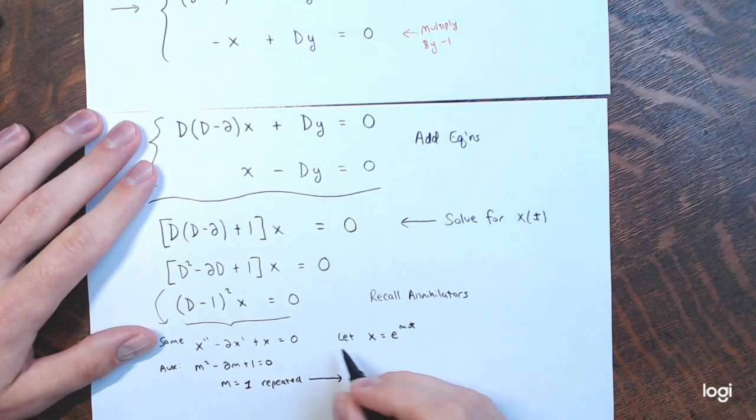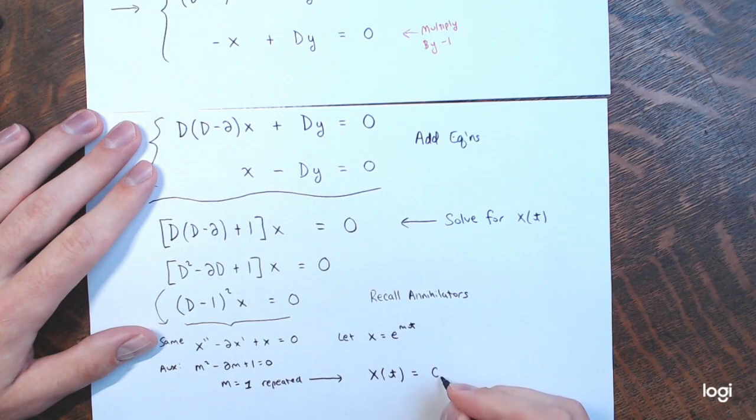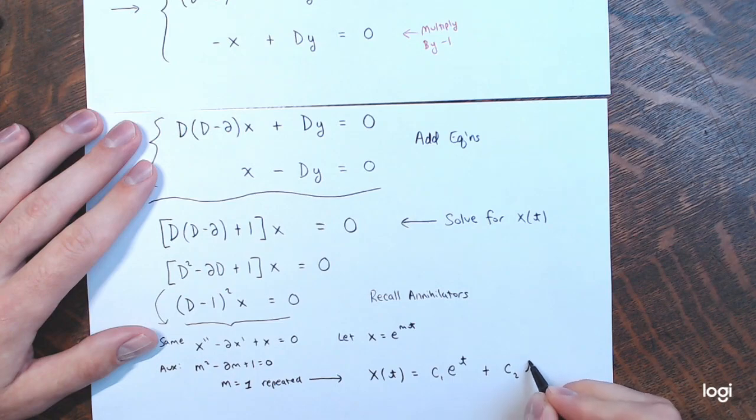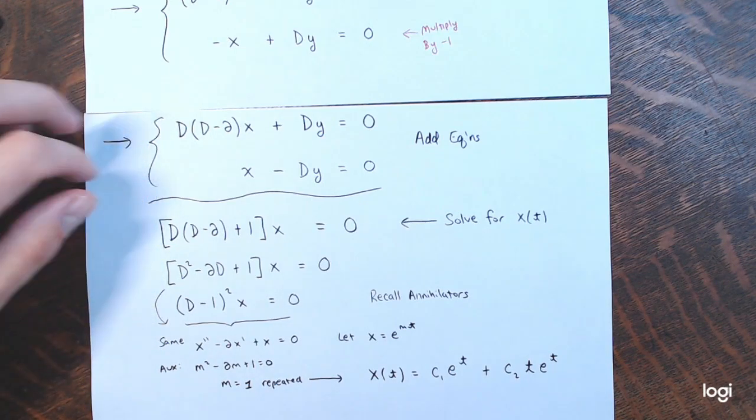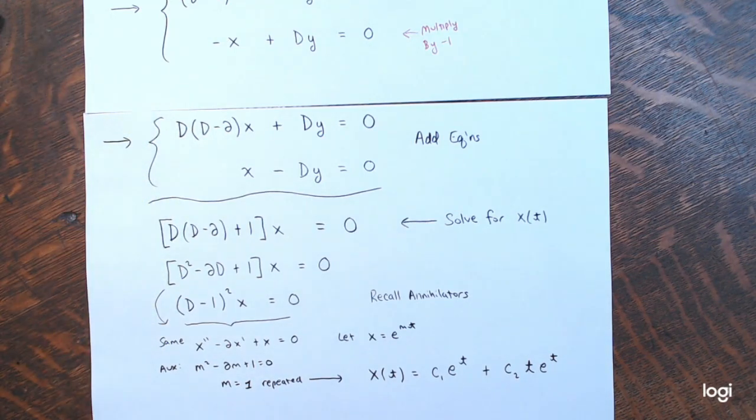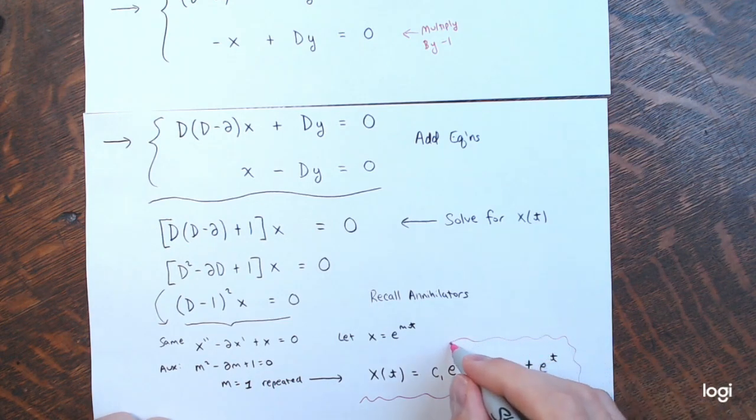So our general solution to this equation, x of t, equals some constant c1 times e to the t, and hopefully you remember what happens with a repeated root, plus some constant c2 times t e to the t. All right, we're not done. This is just a solution of that equation in terms of x.